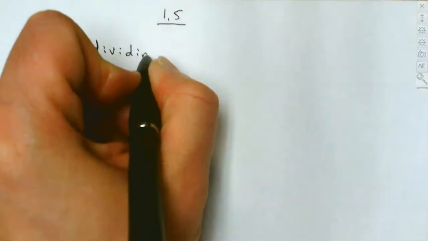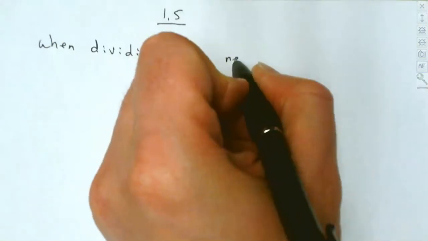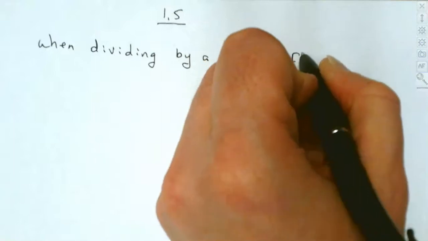One of the most important things that we have to remember in 1.5 is whenever you divide or multiply by a negative, you switch the inequality sign. And usually it's dividing. So when dividing by a negative, flip the inequality sign.